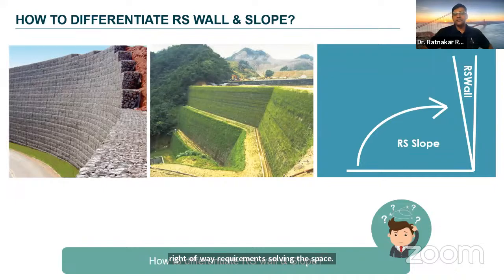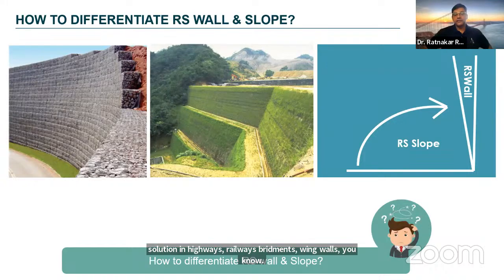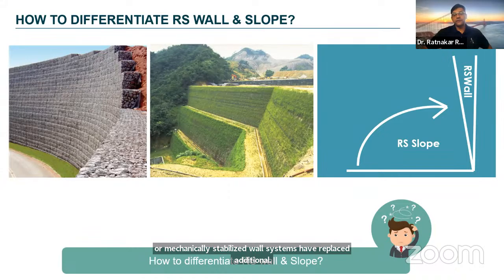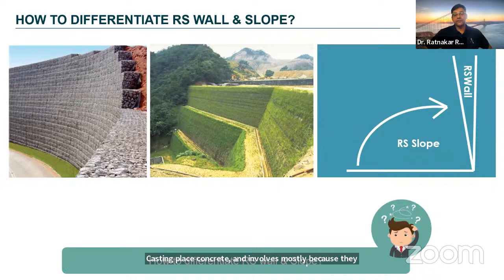For this reason, this system represents an important solution in highways, railways, bridge abutments, and wing walls. Over the last more than 2 decades, these reinforced soil walls or mechanically stabilized earth wall systems have replaced traditional cast-in-place concrete retaining walls, mostly because they are installed easily and quickly, but also because of flexibility and high seismic loads.